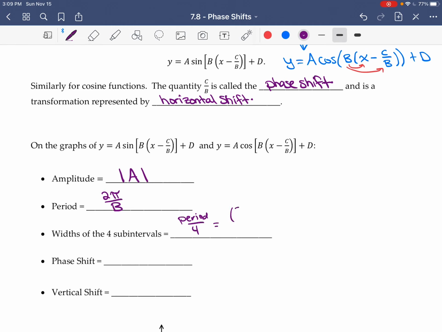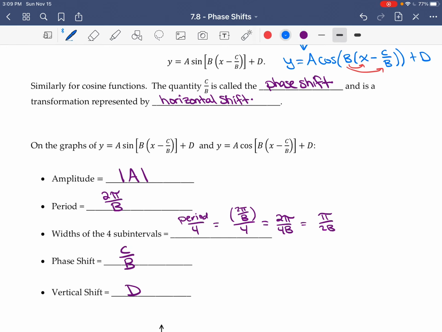Here that would be 2 pi over b divided by 4, which is 2 pi over 4b, or you could simplify that to pi over 2b. Now the phase shift is c over b. The vertical shift, like we had before, is d.